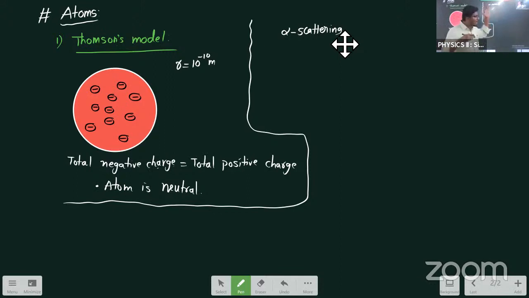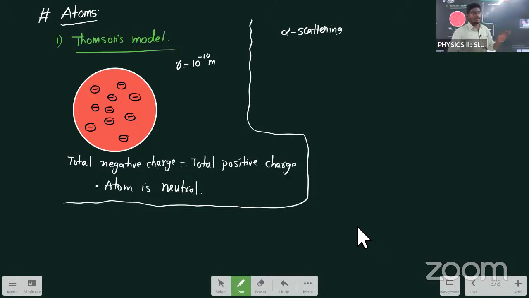Rutherford was performing the alpha scattering experiment with alpha particles, which have positive charge.